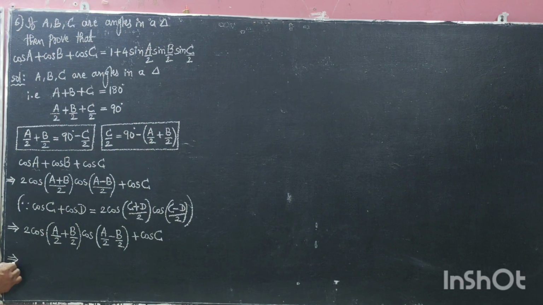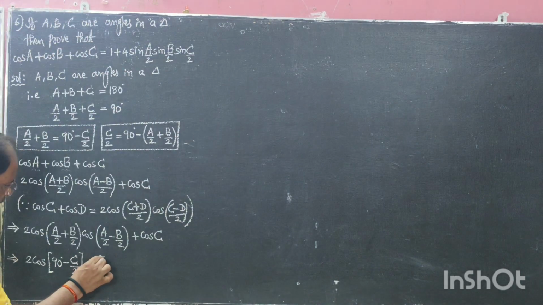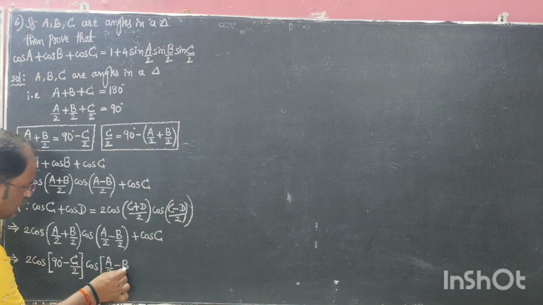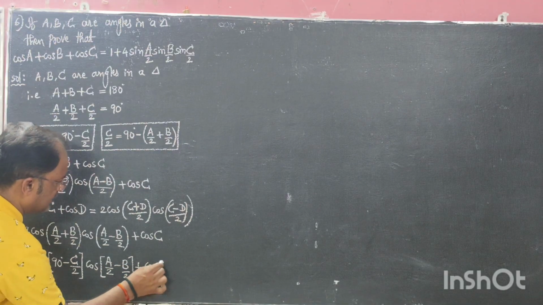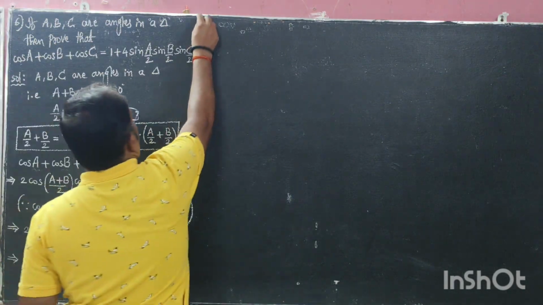Now see, 2 cos of A by 2 plus B by 2. What is the formula? 90 degrees minus capital C by 2. And this one is as it is, A by 2 minus B by 2. And the last term also again as it is, cos of capital C. Okay. Next.